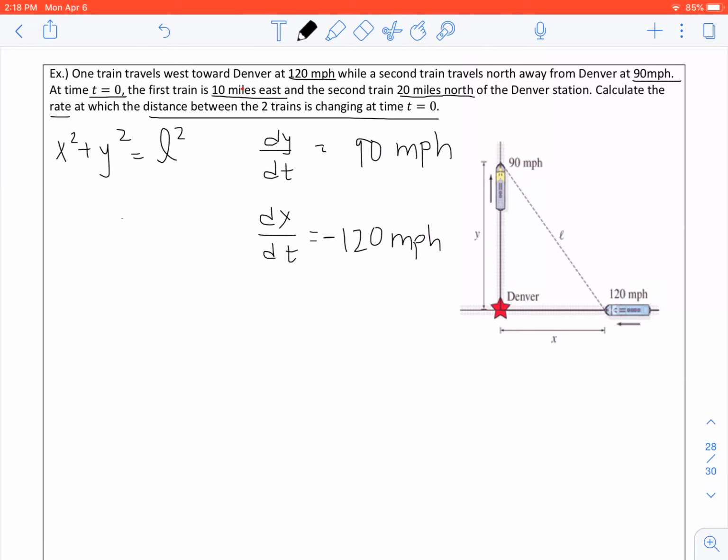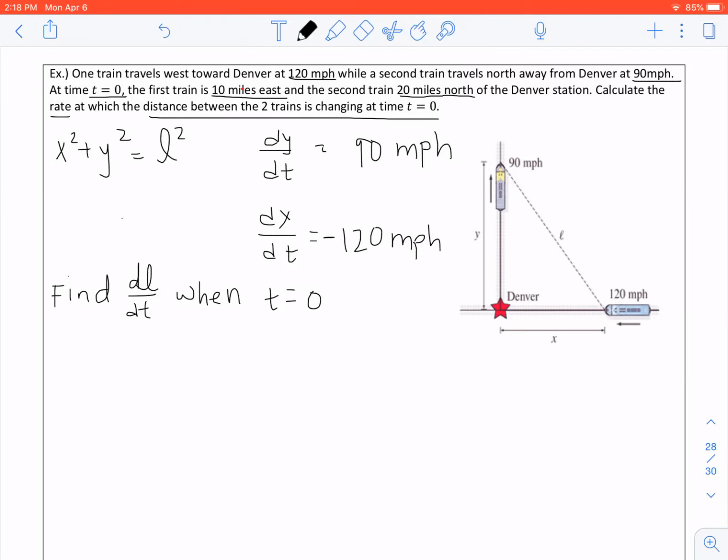So we are asked to find dL/dt when t is at 0 hours.